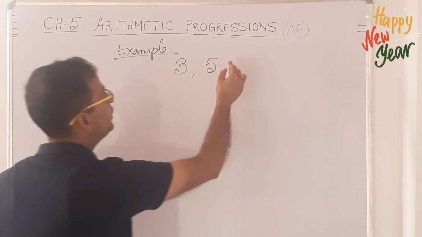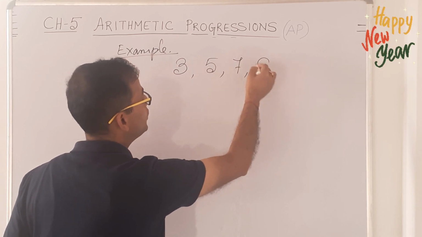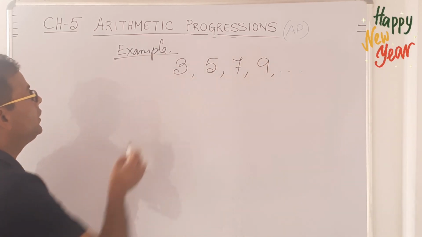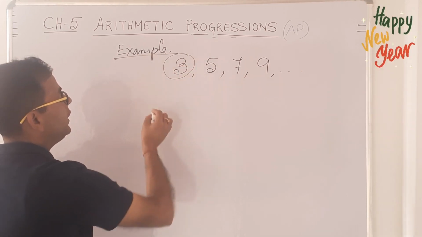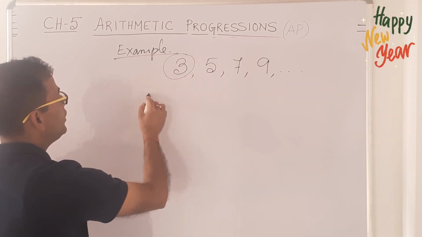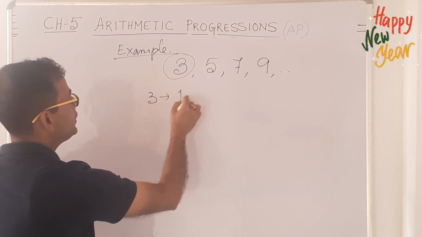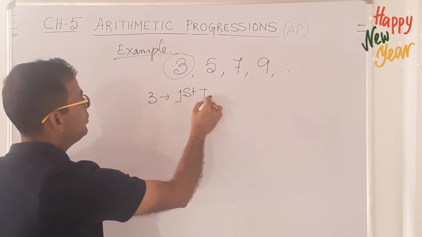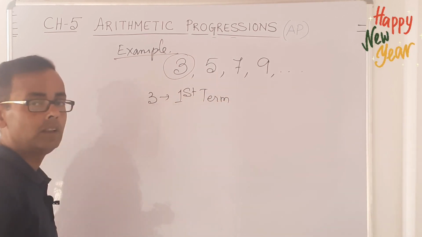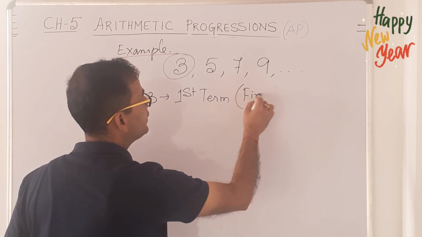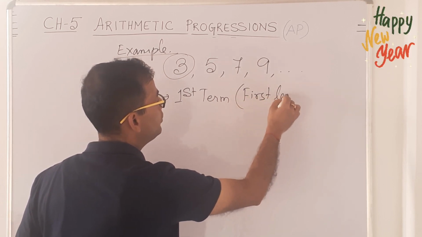Again plus 2, 7. Again plus 2, 9, and so on. Now the starting one, 3, is known as the first term.